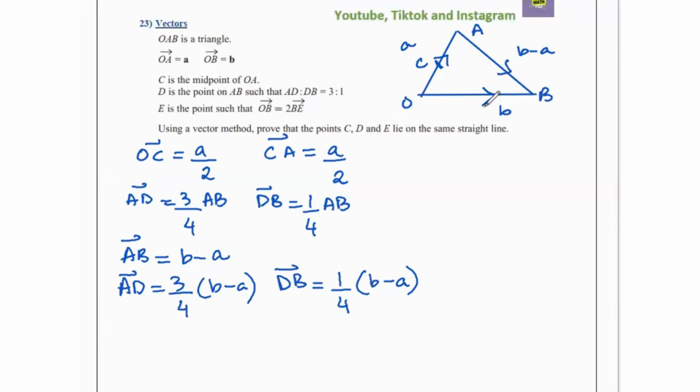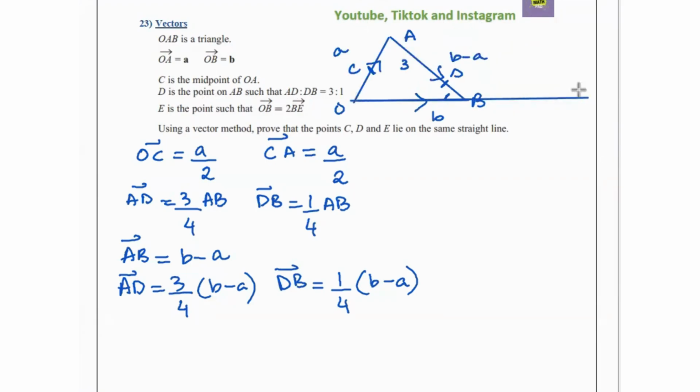D is the point on AB such that AD is to DB is 3:1. So 3:1. This is D. Now E is the point such that OB is twice of BE. So that means if we extend this, if this is B, this is going to be 2B.